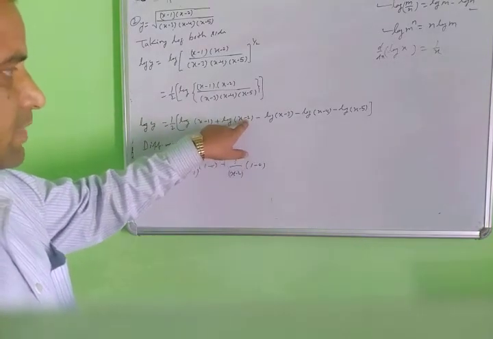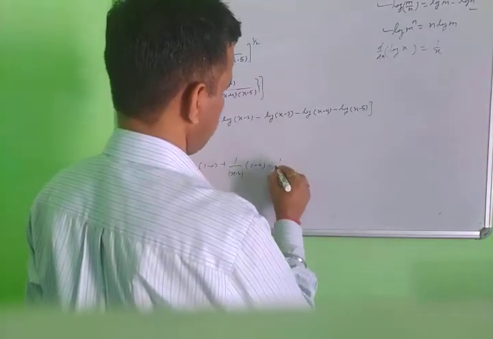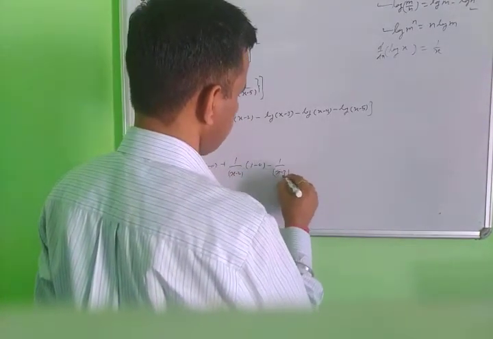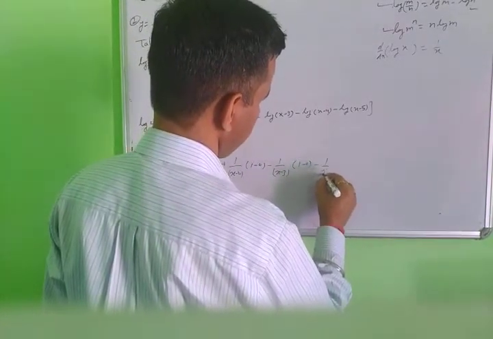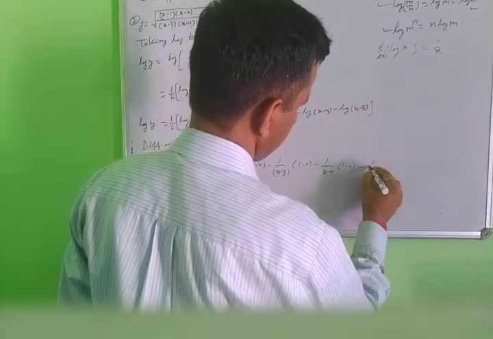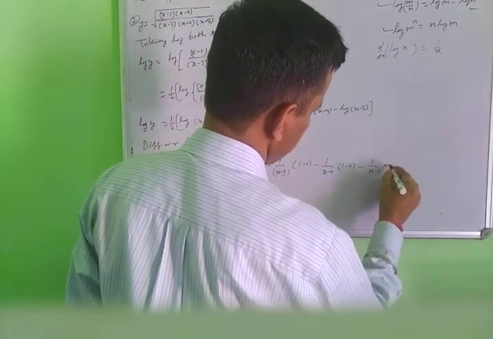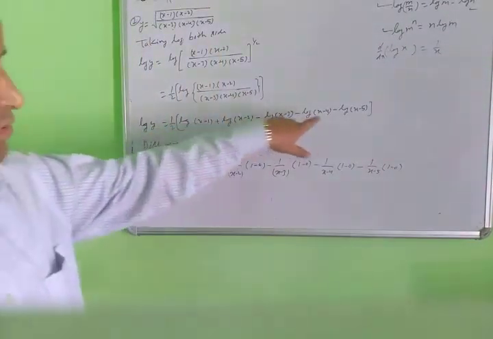and the derivative of minus 2 is 0, minus 1 upon x minus 3, same way, again 1 minus 0, minus 1 upon x minus 4, 1 minus 0, minus 1 upon x minus 5, same here, and 1 minus 0. Same process here.